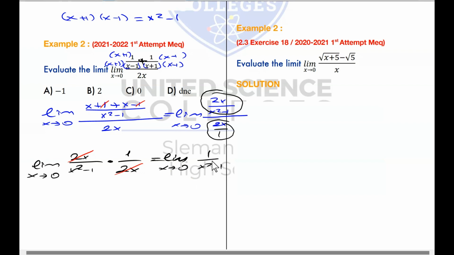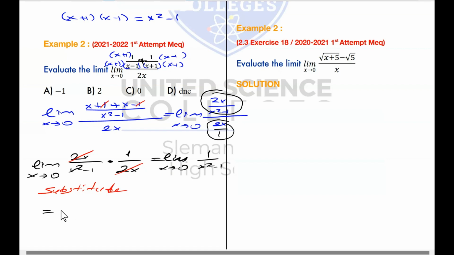I am done with simplifying. This complicated fraction becomes this simple fraction, 1 over x squared minus 1. I just have a huge fraction here at the end. This is an equivalent form of the first complicated given limit. So all I have to do now is substitute 0 for x.